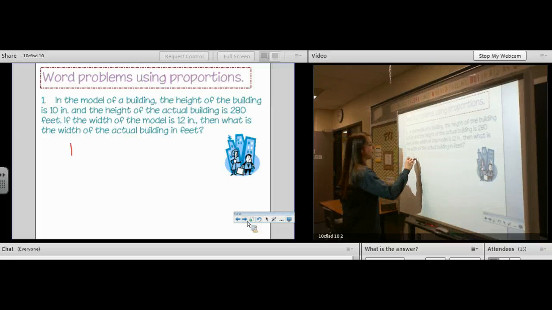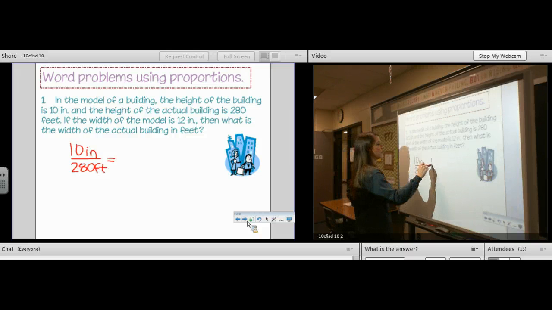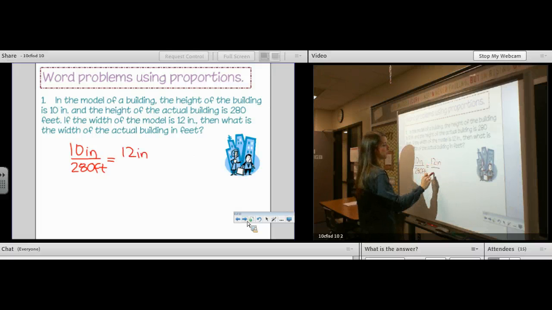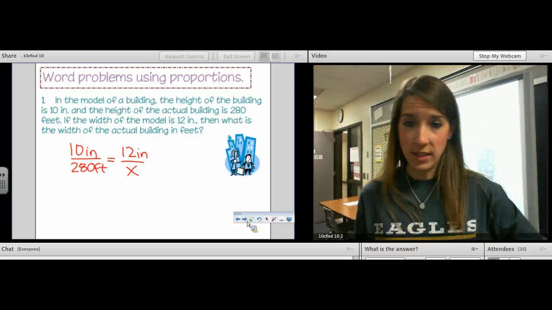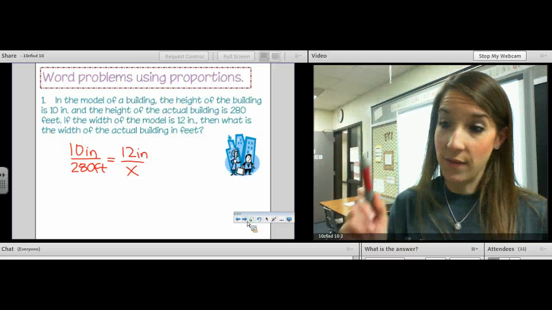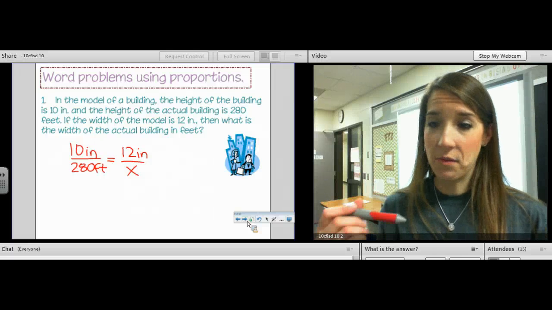So the height of the model building is 10 inches, and the height of the actual building is 280 feet. The width of the model is 12 inches. The good thing about proportions is that when you cross multiply and divide, your inches are going to cancel and you're going to be left with feet.